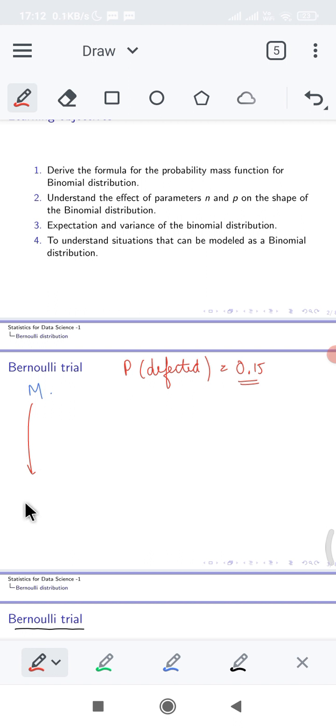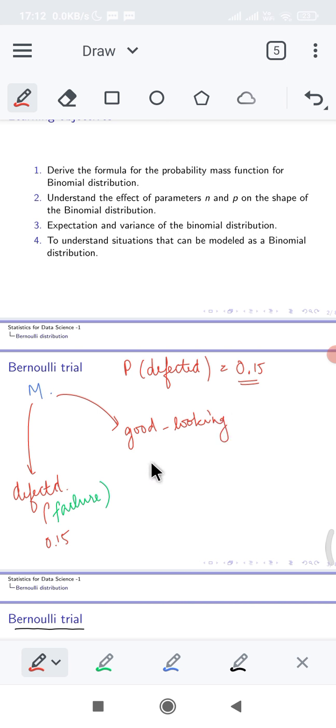So let us suppose defective is a failure, so here your failure has a probability of 0.15, and success, let us suppose a good looking smartphone, has a success rate of 0.85.